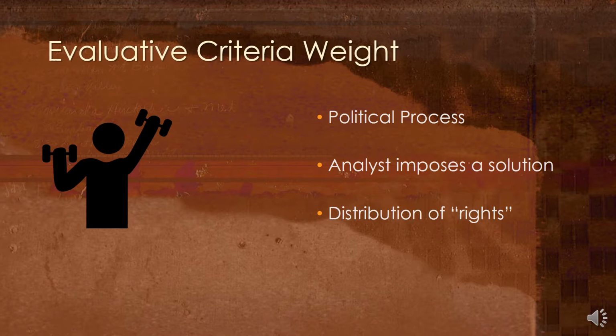We have Route A. If we build a highway and we take Route A, we're going to displace 30 families.